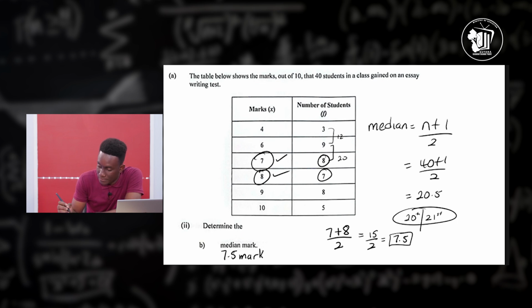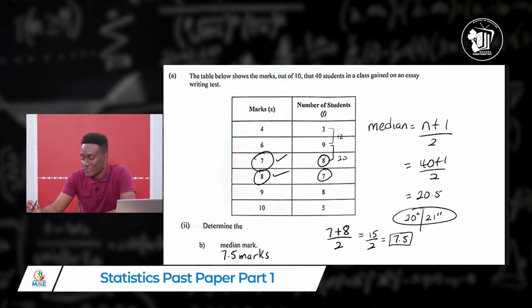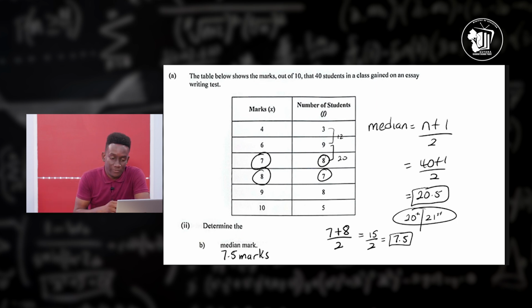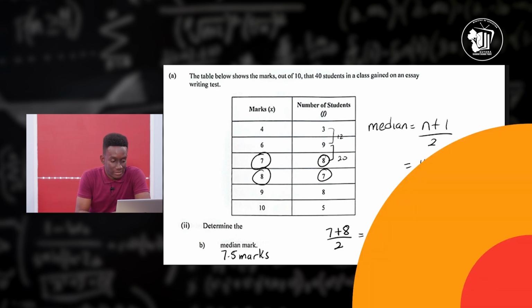To recap, we first find the position of the median, which is 20.5, right between the 20th and 21st positions. In the 20th position we find the mark 7, and in the 21st position we find the mark 8. Since we have two numbers in the middle, we find the average of those two numbers, 15 divided by 2, which is 7.5. So that is the answer for that.